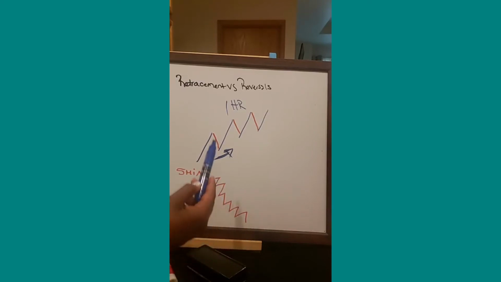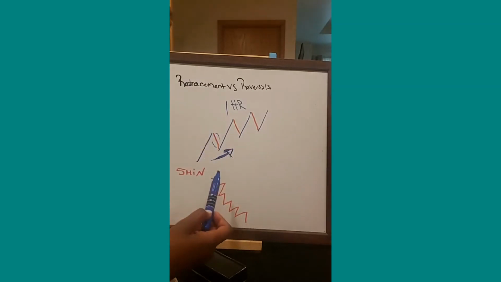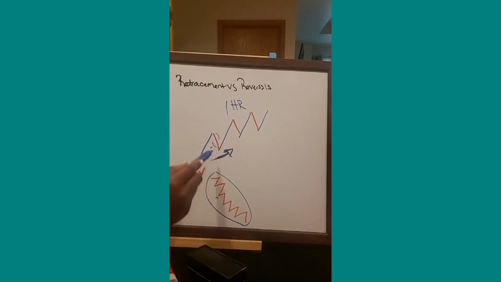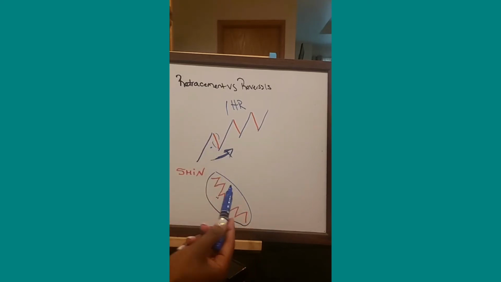So remember, if you are in an uptrend, the retracement for that 1 hour is this. Okay, so you have to wait until this is done. You want to be switching back and forth. You want to go to your 4 hour, your 1 hour, your 30-minute, your 15-minute, your 5-minute, your 1 minute.